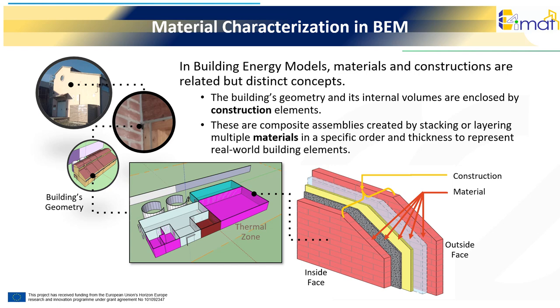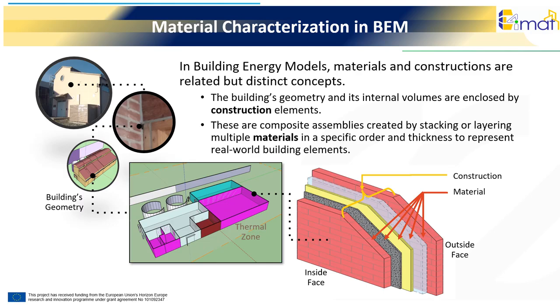In that way, a construction might describe an exterior wall composed of 2 layers of brick with variable insulation layers, and an air gap between them. The total performance, thermal resistance, thermal mass, and heat capacity of such a construction element emerges from the combined properties of all its individual material layers.